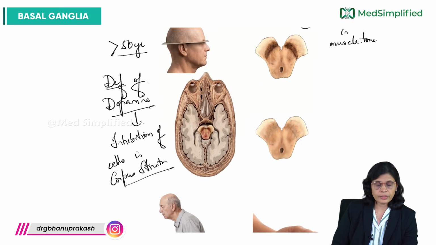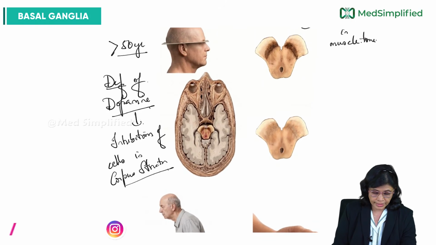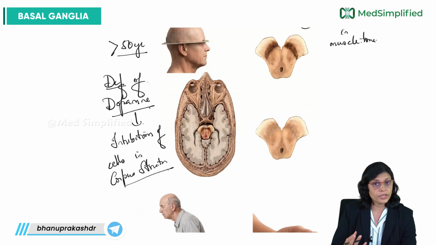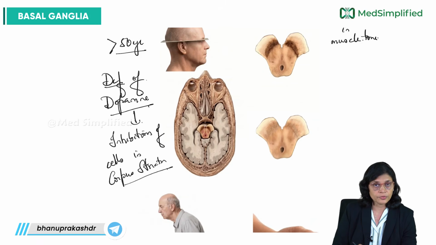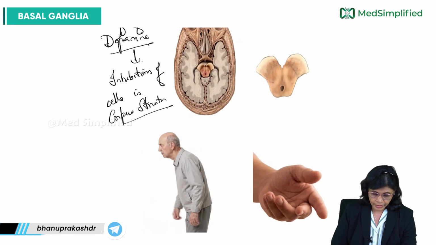So basically the neurological changes in Parkinsonism are mainly due to a release phenomenon, because dopamine is inhibiting these cells. Since there is no inhibition because of the lack of dopamine, there is a release phenomenon, and that is because of the deficiency of dopamine.